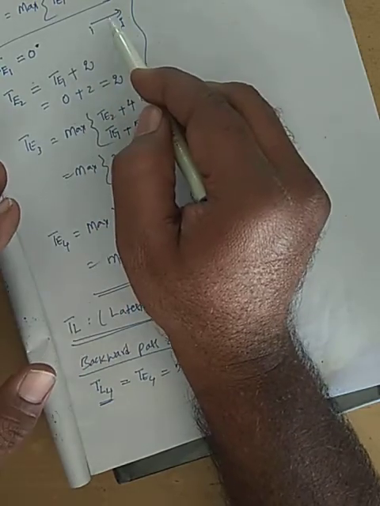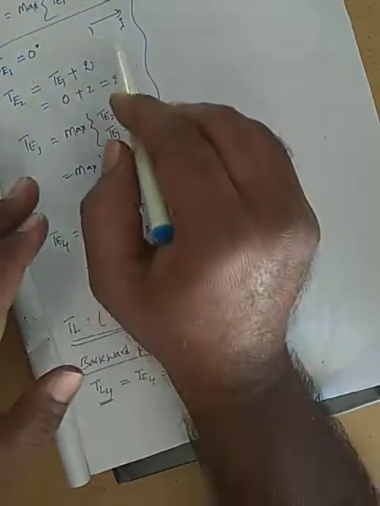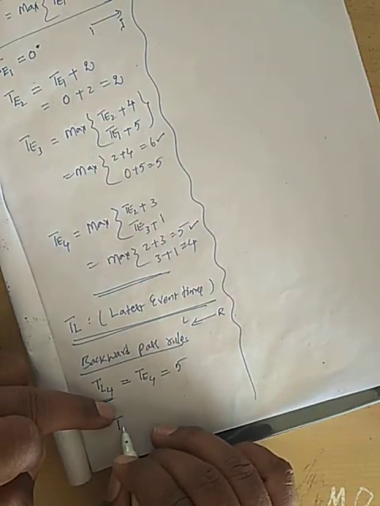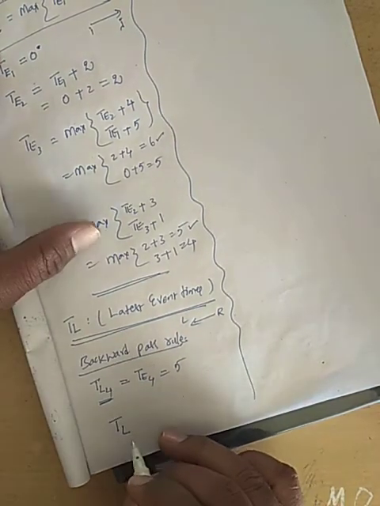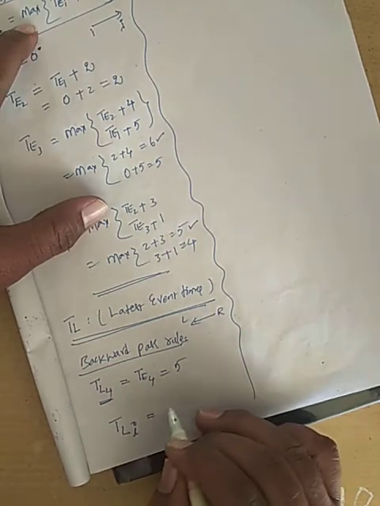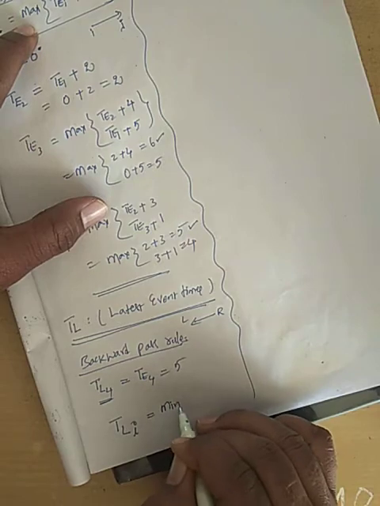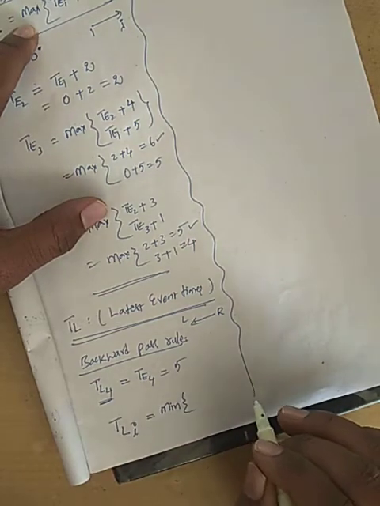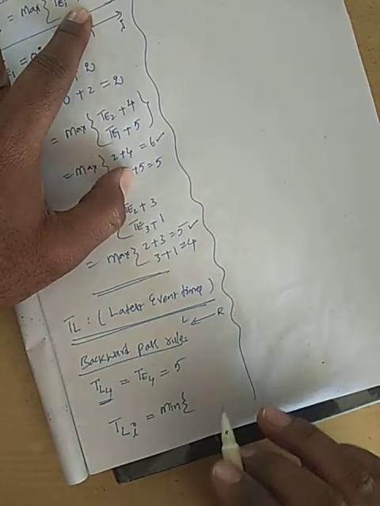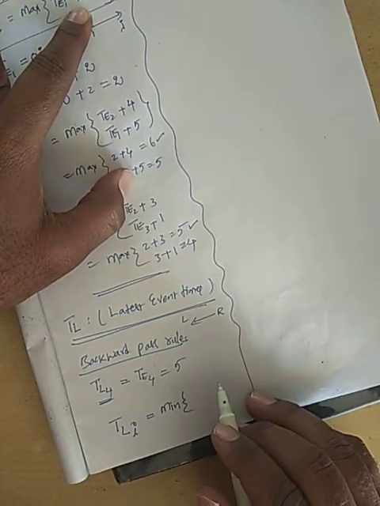Now the formula becomes quite opposite to this one. Then what is the general formula? TL, now here J is there, it becomes I. TLI is equal to, here max is there, now here it comes minimum of. What is the operation? Plus is here, but here what you get? Minus. Quite opposite.